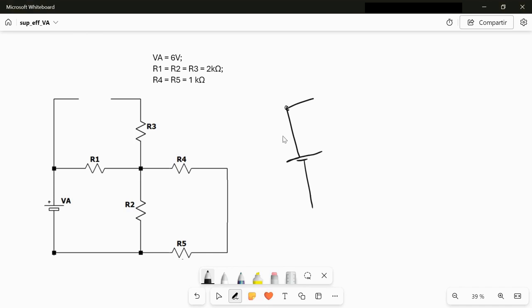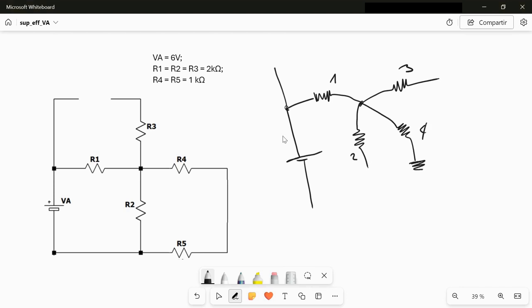One is a cable that goes nowhere, so no contribution, and then I find R1, then R3 going nowhere, and then I split into two, R2 on one side, R4 on the other side. After R4 follows R5, and then R2 and R5 join together and come back to my battery.